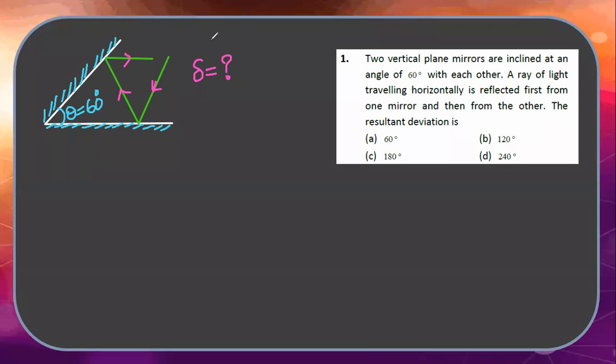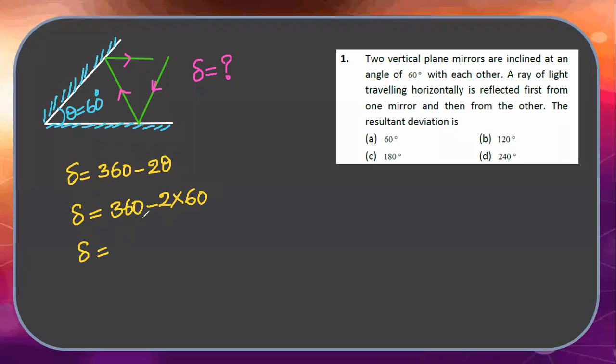The total deviation, if you want to calculate, delta is equal to 360 minus 2 theta. See, 360 minus 2 into theta, which is 60 degrees.